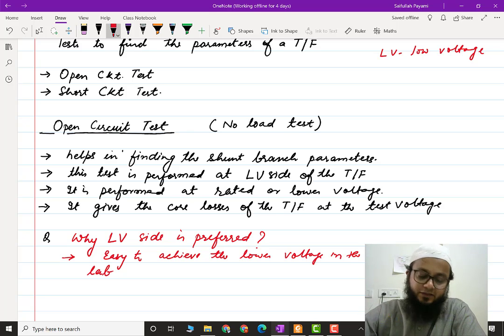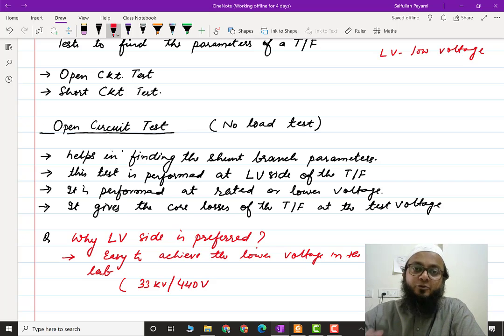Let's say you have a transformer of 33 kV by 440 volt. Obviously 440 volt would be easier to achieve in the lab than 33 kV. So one reason is that it is easy to achieve the lower voltage in the lab. The instrumentation becomes easier.